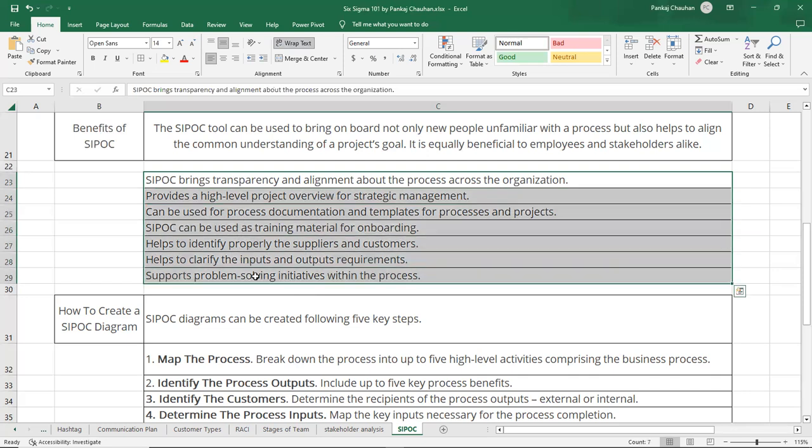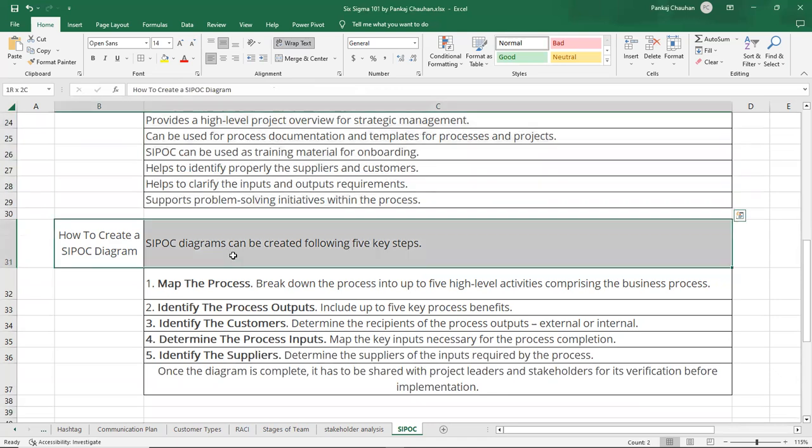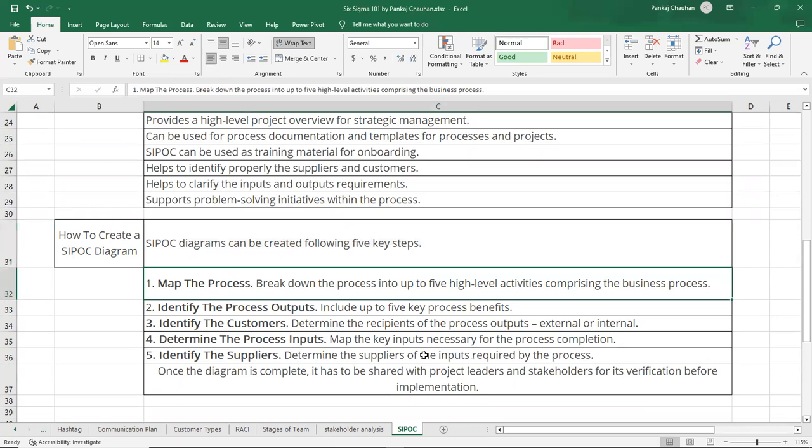Let's understand how we create a SIPOC. For creation of SIPOC, you need to follow five key steps. First, you need to map the process, which means breaking down the process into maybe five to six high-level activities comprising the business process. Now from the process, you need to identify the outputs, which include not more than three, four or five key output benefits which you are going to get if you run this process in the business.